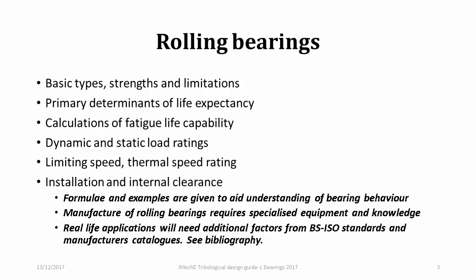I shall give some formulae and examples to aid understanding of bearing behaviour, but please note that manufacture of rolling bearings requires specialised equipment and knowledge, and real-life applications may well need additional factors from BS ISO standards and manufacturers' catalogues, and they will be referenced during the slides.